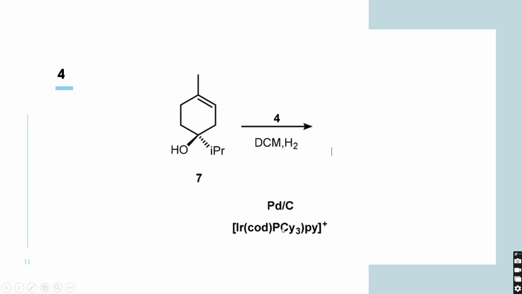One is palladium supported on carbon, and the other is Crabtree catalyst in presence of hydrogen in dichloromethane solvent. So you have to guess what kind of products you will get with these two reducing agents. Definitely you will get two different types of products, and which product you get for which reagent, you have to guess correctly.